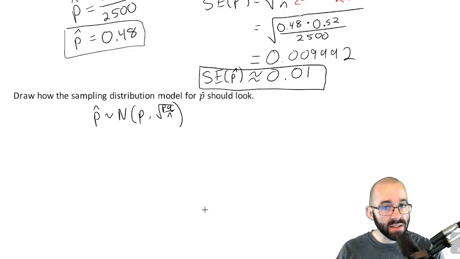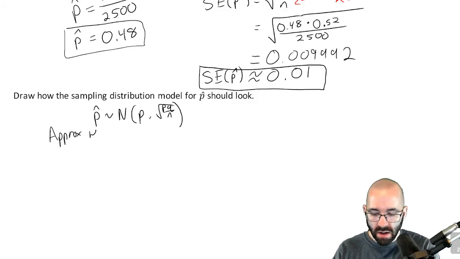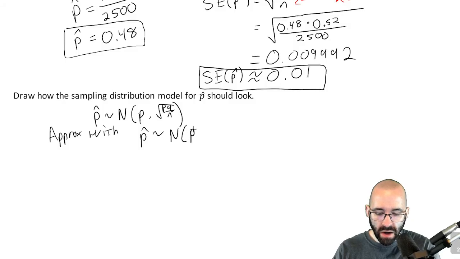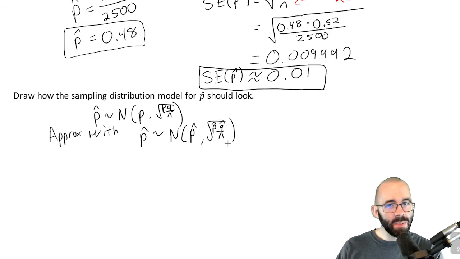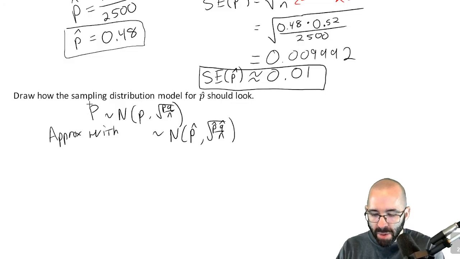Normally this is how we find our sampling distribution. Well, in this case, we don't know p and q. We have to approximate it. All right, so we'll approximate it with p hat, and you get this. And now we get something that looks a little strange because we're approximating p with p hat. It's a little circular in the logic. If we're really clear, these should be capital P's, a random variable.